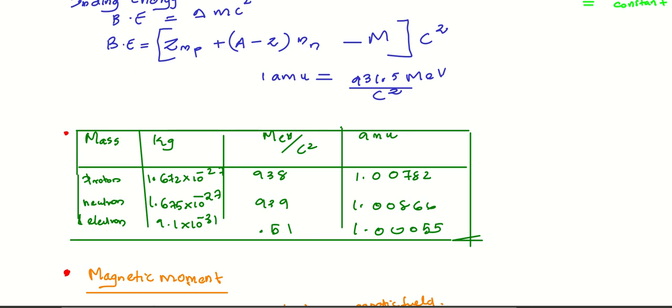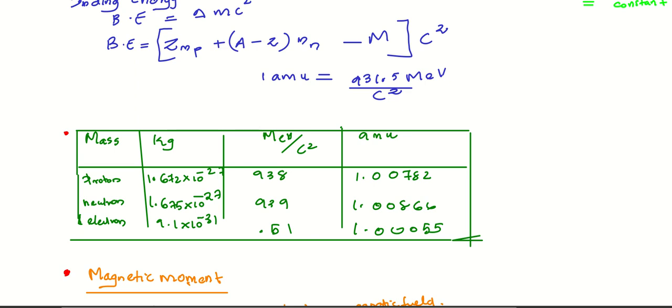Neutron 1.675 into 10 raised to minus 27. MeV by C square 939. AMU 1.00866. For electron in kilogram 9.1 into 10 raised to minus 31. So very low. MeV by C square, that is 0.51. And in AMU, that's equal to 1.00055.